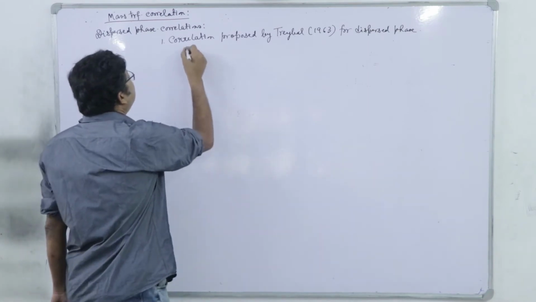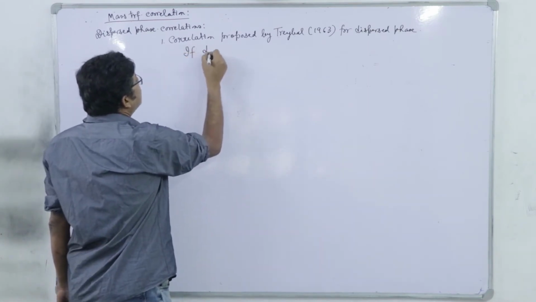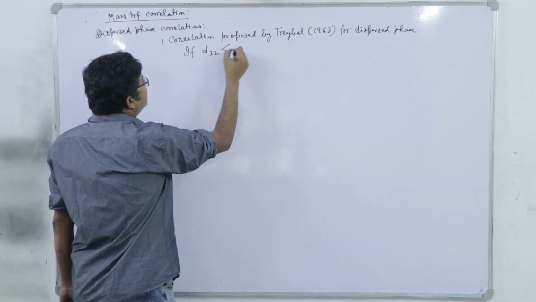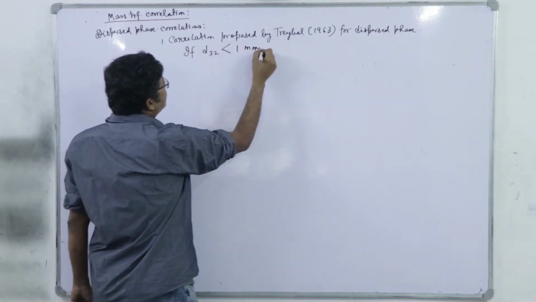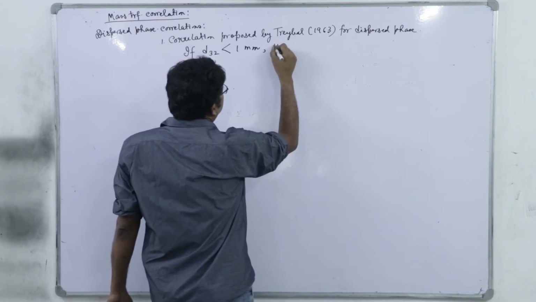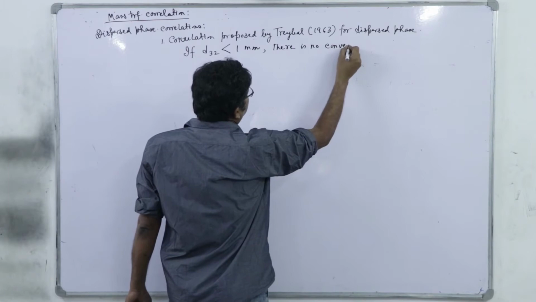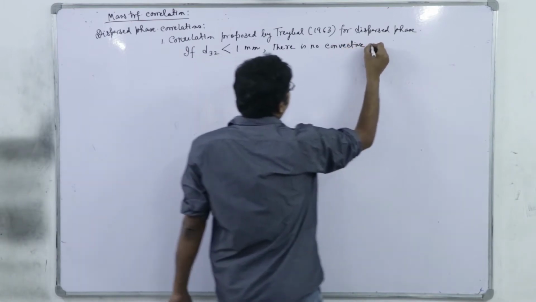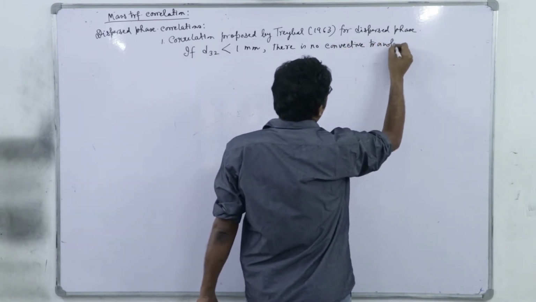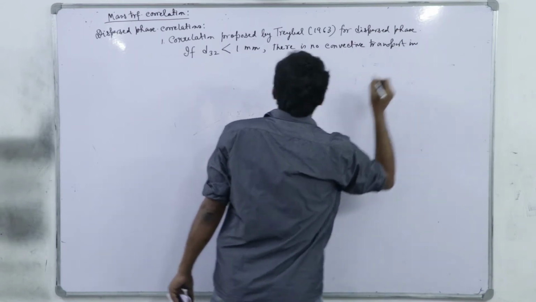If the Sauter mean diameter is less than 1 millimeter, there is no convective transport in the dispersed phase.